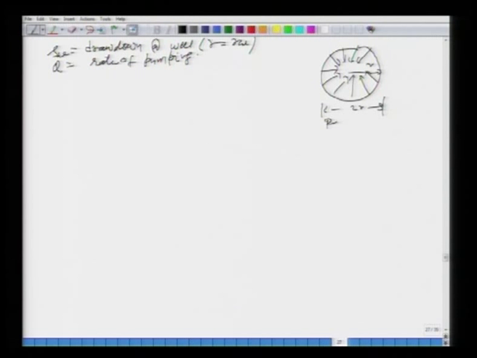So, this is, you say, the radial flow pattern. Okay. Now, what we will do is, we can apply the famous Darcy's law to this radial flow pattern, okay.